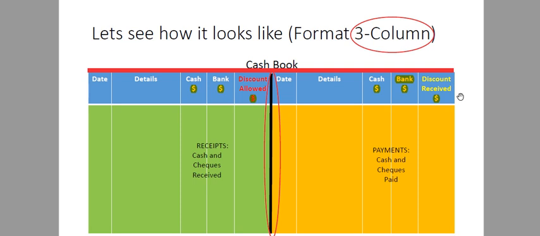If you see the cash column on the debit side and the cash column on the credit side, that makes it the cash account. Then the bank column on the debit side and the bank column on the credit side makes it a bank account. So it's actually the cash account and bank account combined into one book, and we have named it the cash book.